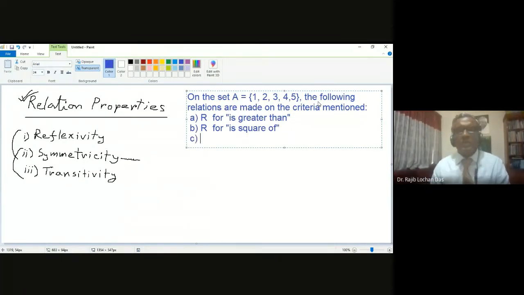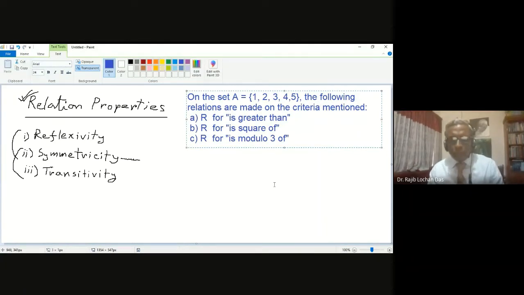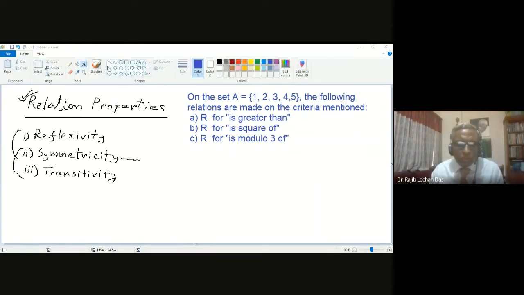And another, maybe R3. R3 is another criteria, "modulo 3 of". So I am putting the numbers here: R1, R2, R3.